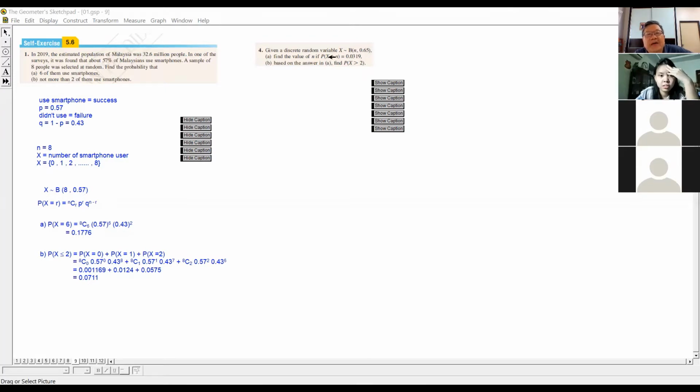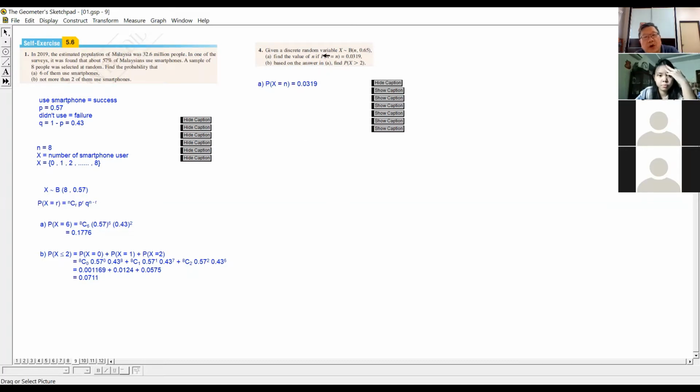Then the X equal to n, you follow this formula, then you replace the n here with n. But the p here you put 0.65. Then the q here you put what? How much is the q? 0.35, correct.